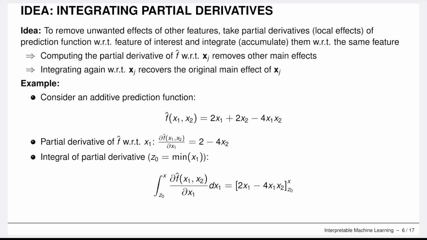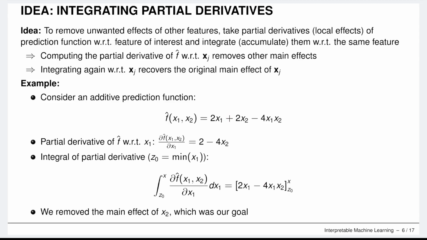Integrating this partial derivative again will recover the original function without the main effect from before. As you can see, the interaction between x1 and any other feature will still be present here, which could cause some issues, but at least we removed the main effect. If we had interactions of other features, for example x2 and x3, they would also have been dropped using the partial derivative.